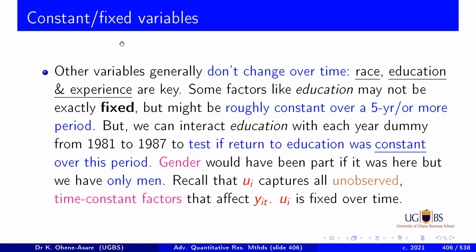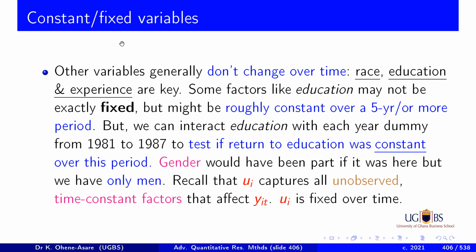What about the non-varying variables? The fixed variables, the constant variables, those that are not changing. Well, race is one of them. Your race, whether you are Black, Hispanic, or other, is not changing. It's fixed. It's quite strange to say that education is fixed. Yes, because these young people are between the ages of 17 to 23.